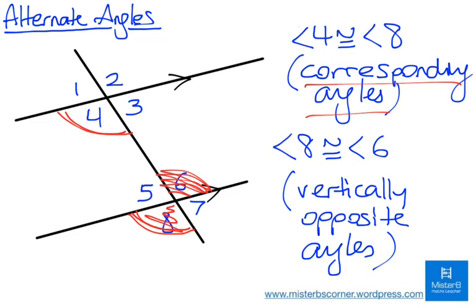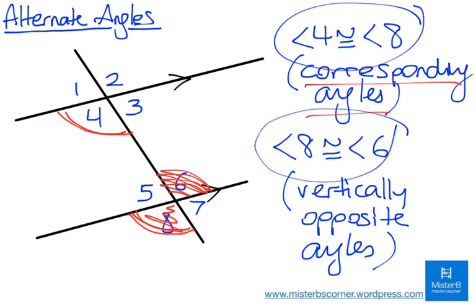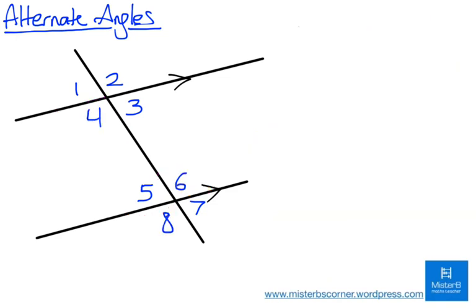So instead of writing these two bits of information together with these reasons, we just say these two angles, 4 and 6, are alternate angles. Or if we clear it up properly, I can say angle 4 is congruent to angle 6.